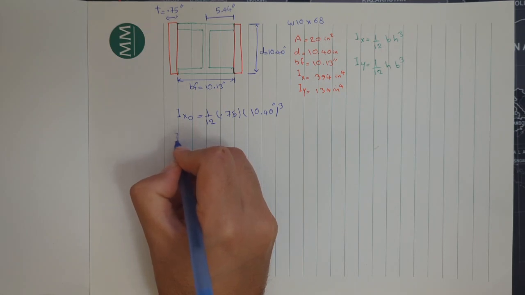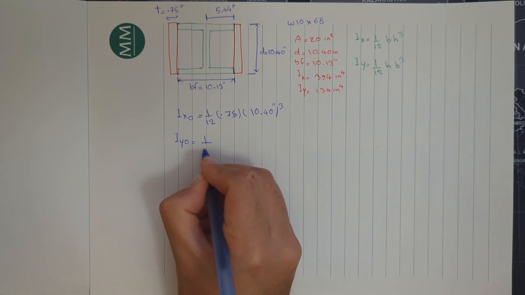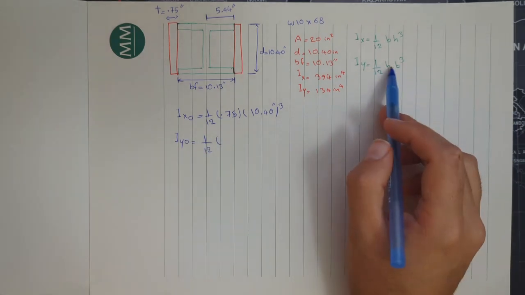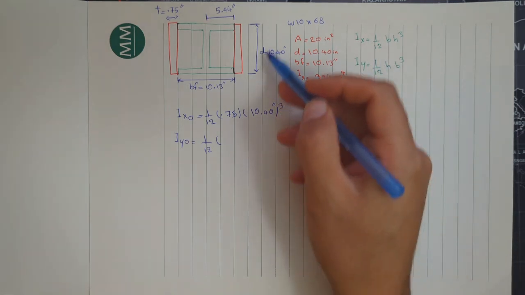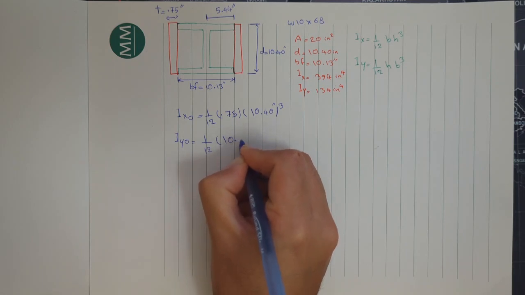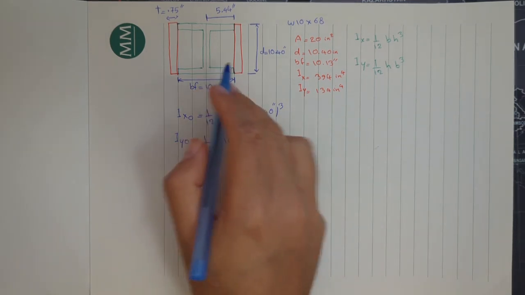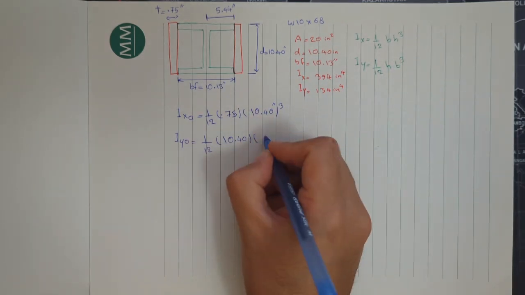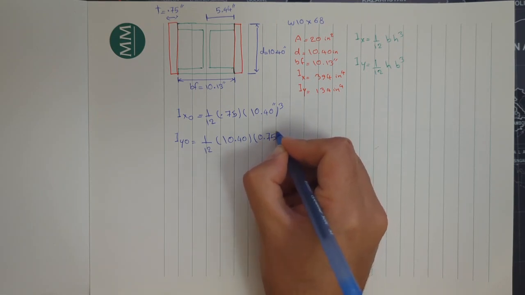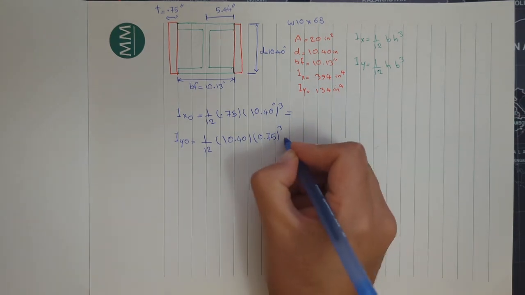And Iy of my object is 1/12 of the height, 10.40, times the base cubed, 0.75 cubed.